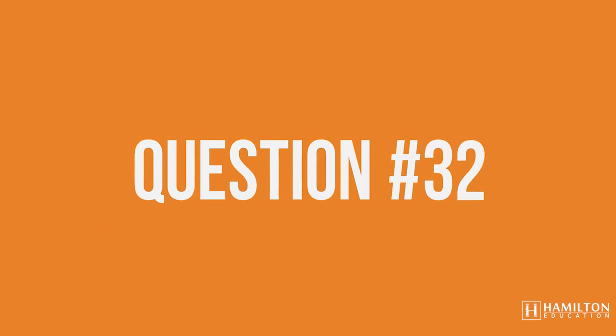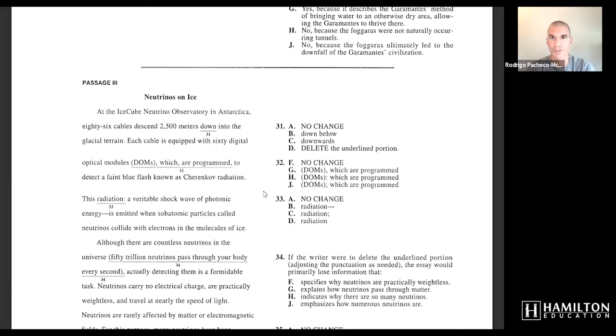Question 32 is a punctuation question. I'm going to read the sentence and we can identify the different elements of the sentence structure, so we can identify the punctuation rule that applies here. So each cable is equipped with 60 digital optical modules. This here is an independent clause.